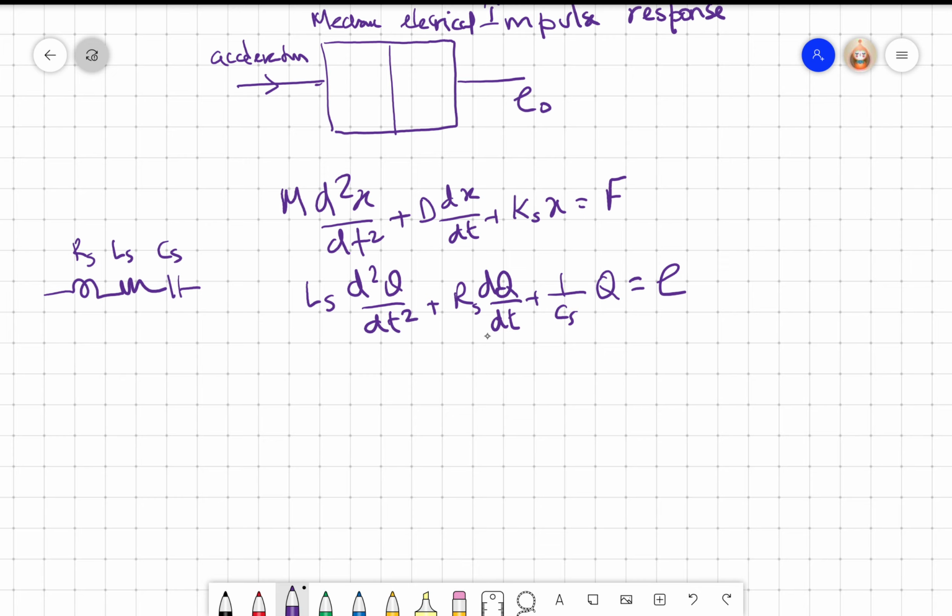This is voltage across the inductance, voltage across the resistance, voltage across the capacitor. So total voltage in the circuit. This is E, right?